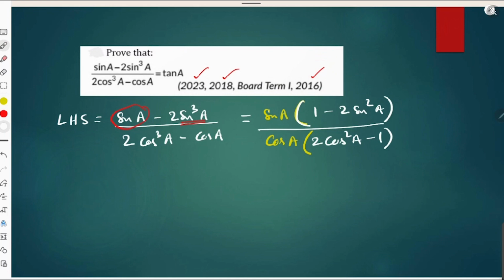Now, look at this part: sin A by cos A will become tan A. And in the numerator, you may write 1 minus 2 sin square A. I will write the 2, for example, as 1 plus 1.